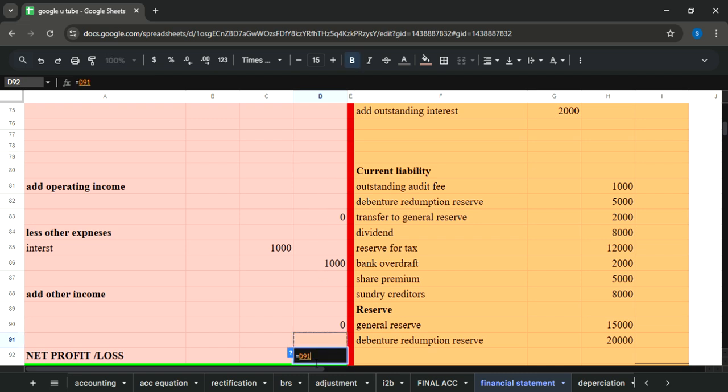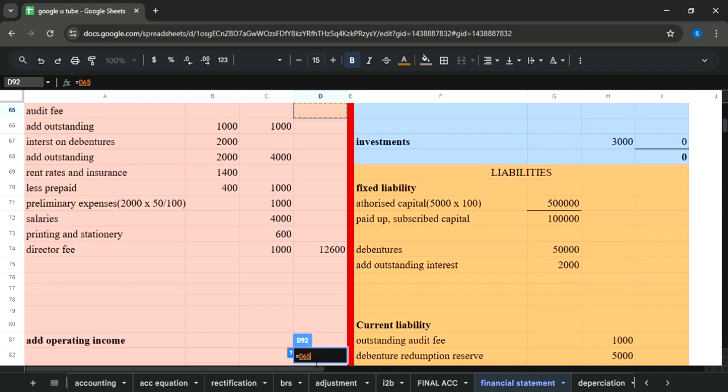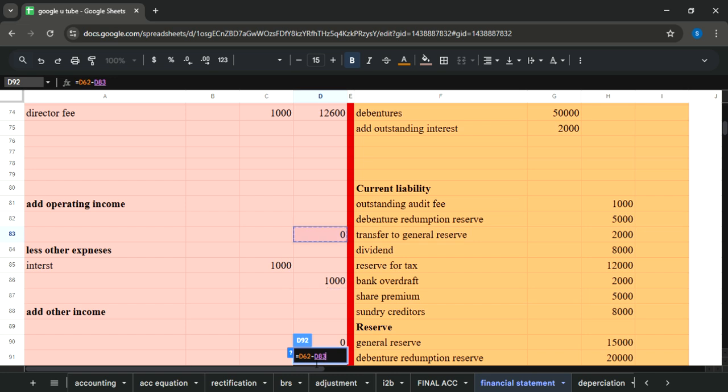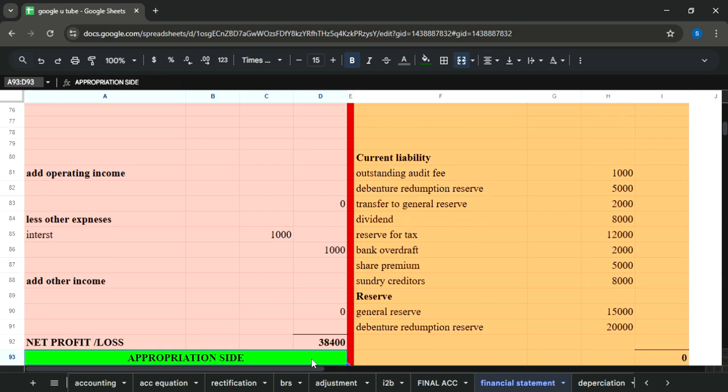First, let's take gross profit. Then you will subtract operating expenses 12,600, add operating income which is 0, less other expenses 1,000, add other income 0. So what we have got is our value, and we'll have to see this value once again.